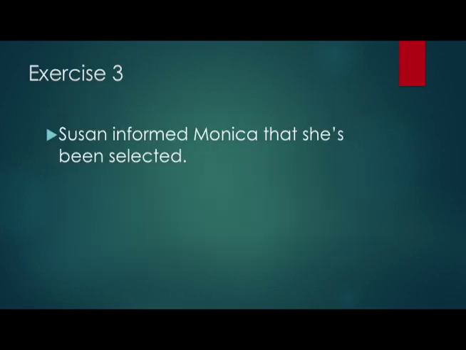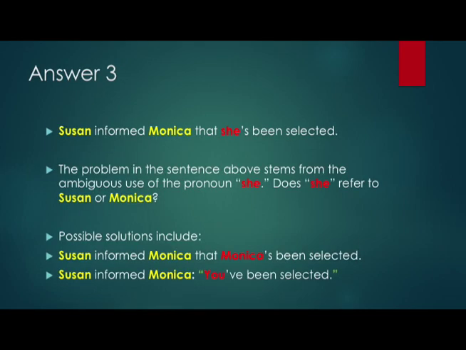Exercise 3. Susan informed Monica that she's been selected. So she is the pronoun in the sentence. The problem is we have two possible antecedents that she could refer to.